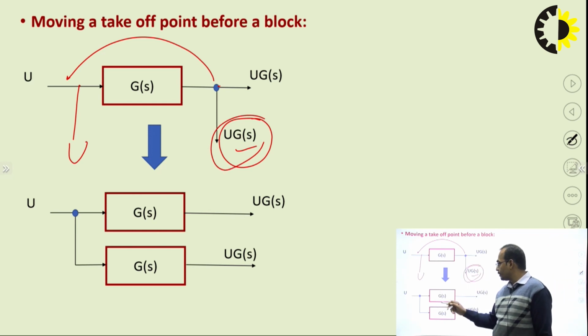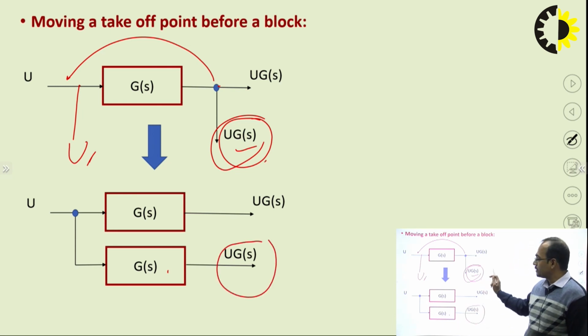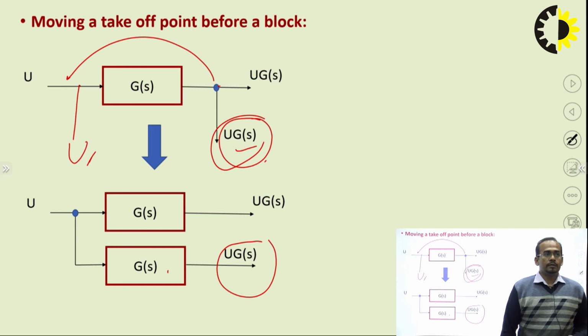Then what you have to do is multiply the input u with the gain of the system GS, then you will get the output of the takeoff point as UGS. So this is the method.